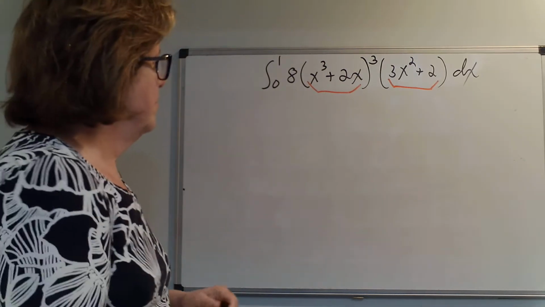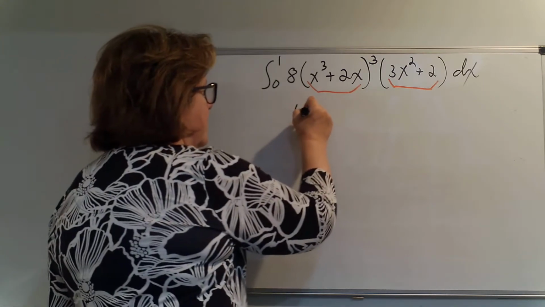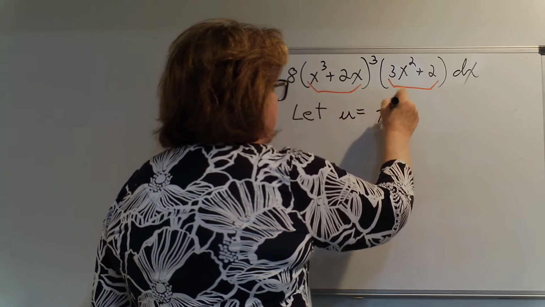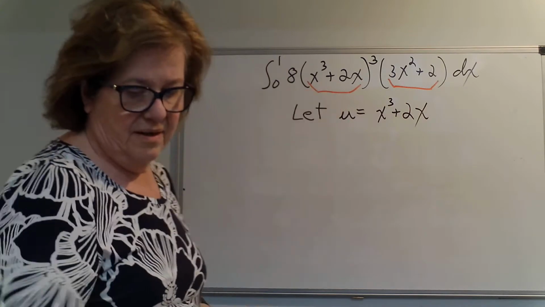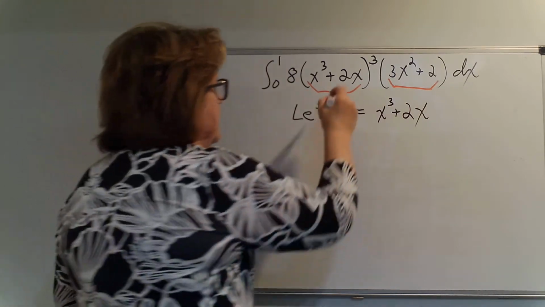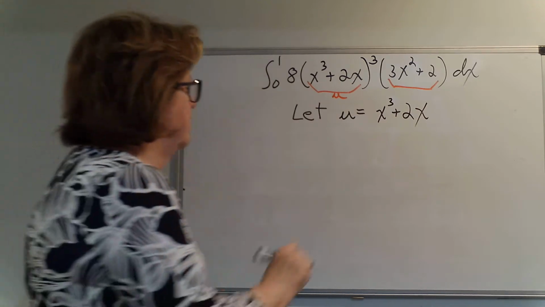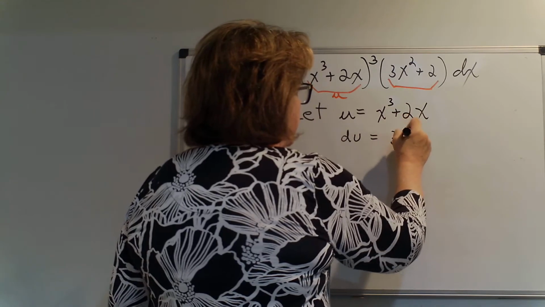So let me show you what we're going to do. We're going to do a change of variable. Let u be x cubed plus 2x. We're going to let the u be this thing in here. So this is going to be the u. Notice that if we take the derivative of this, we get that.